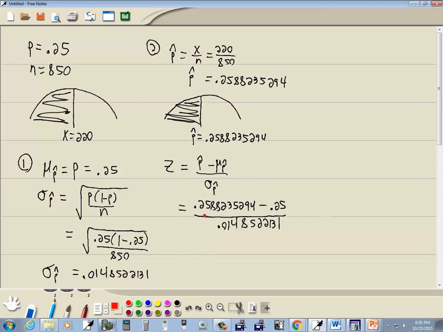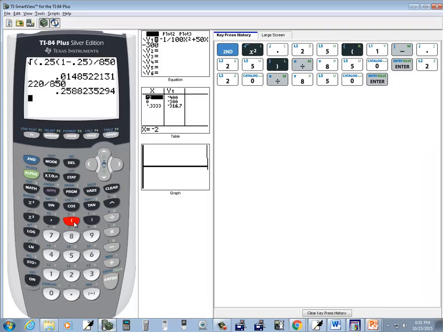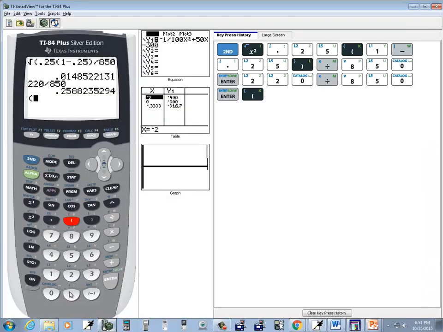Now whenever you put anything in your calculator where you have more than a single number or single variable on top and bottom of your fraction, you have to put parentheses around that part. So we'll put parentheses around the numerator. So let's see what that gives us.